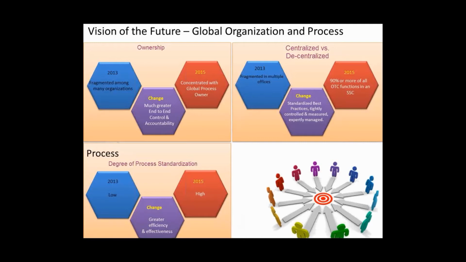Lower left-hand quadrant, we talk about process standardization. Hey, more is better. I'm convinced that the more process standardization, the better the efficiency, the better the effectiveness, allowing for absolutely necessary local variations.